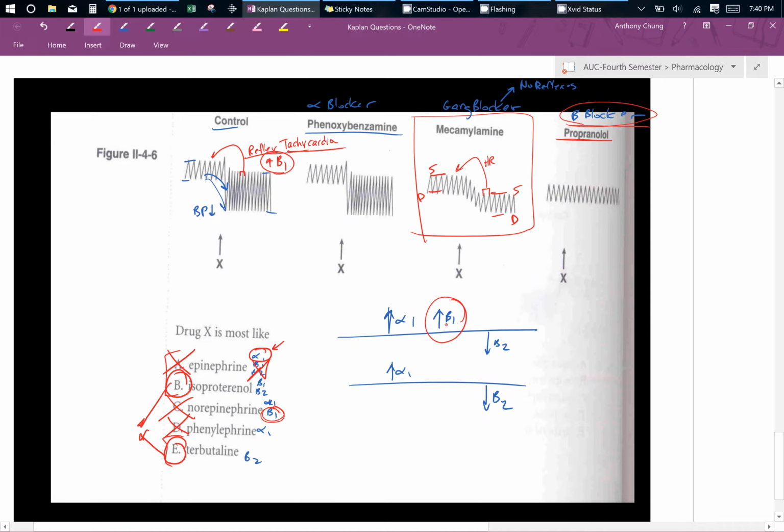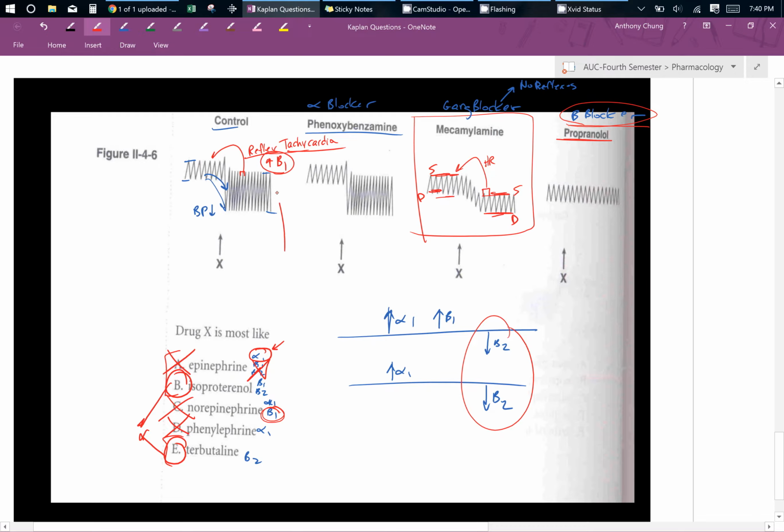You would expect your systolic to go up. All right, so with that in mind, if it were terbutaline, which, as I said, acts on beta 2 equally, this is what it shows in this ganglion blocker by itself.